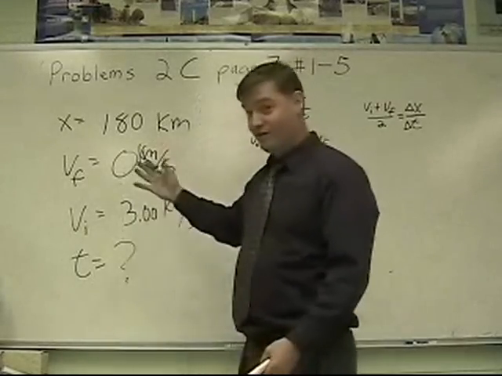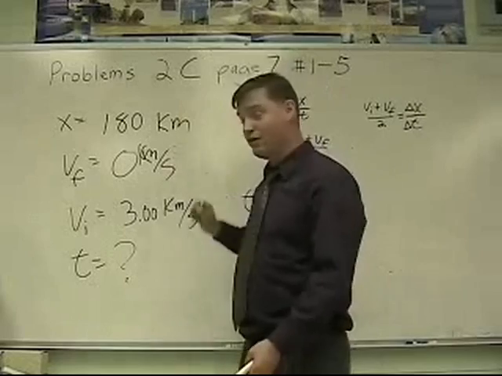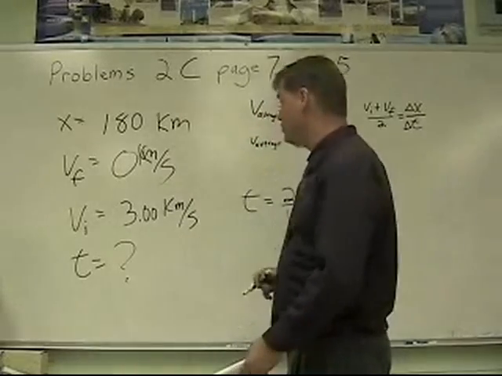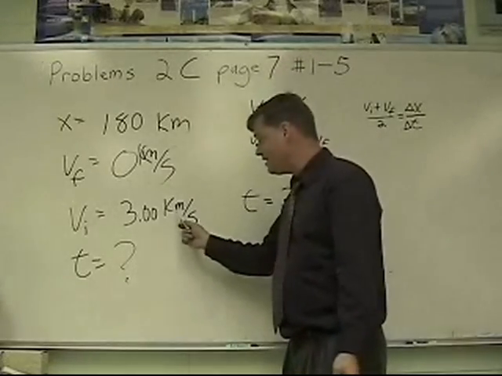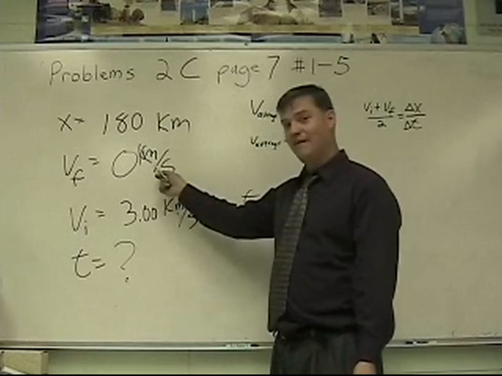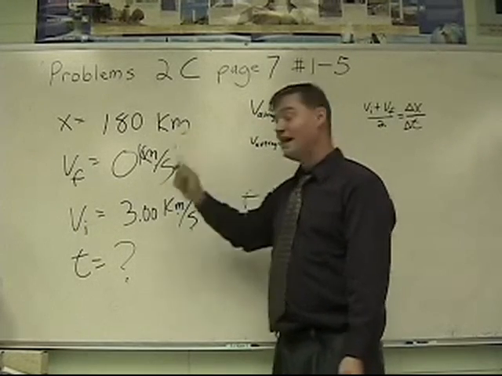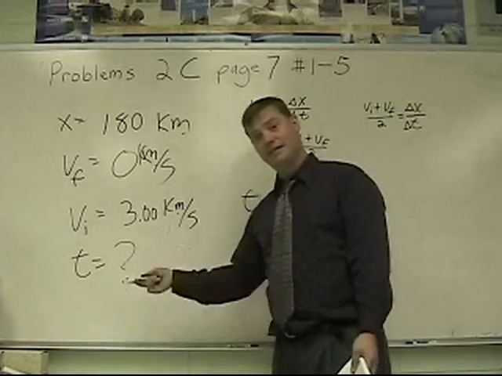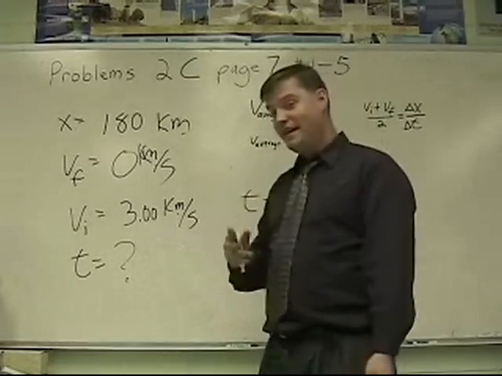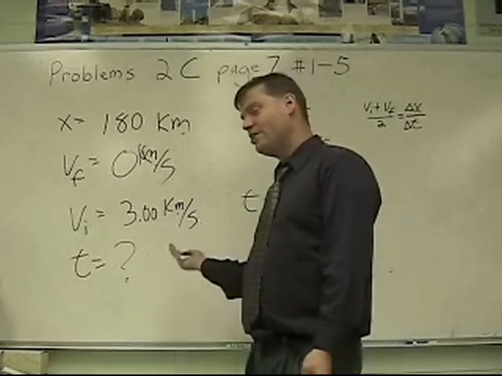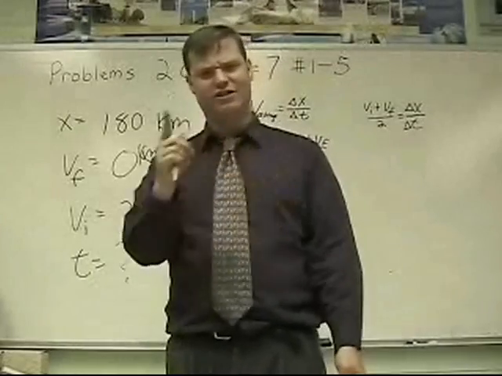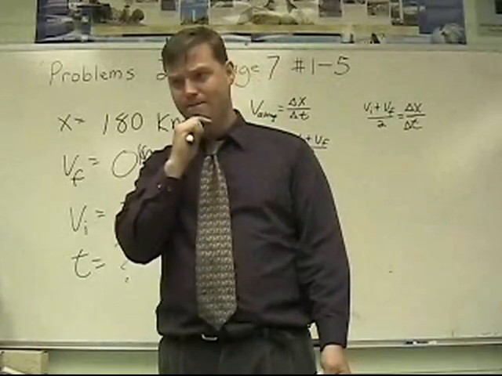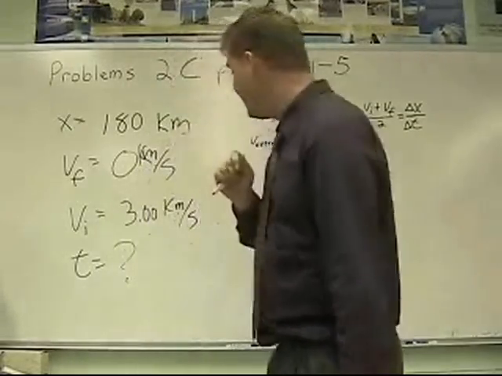We'll write the final velocity as 0 kilometers per second instead of meters per second. Now we're given kilometers, and we're given kilometers, and we're going to look for time in seconds. Do we need to convert kilometers all the way to meters just to determine the seconds? No, we don't.